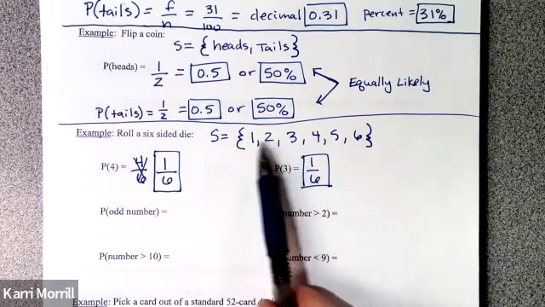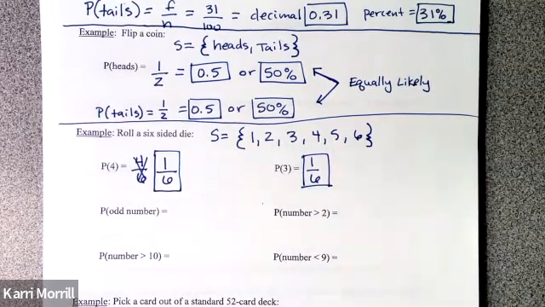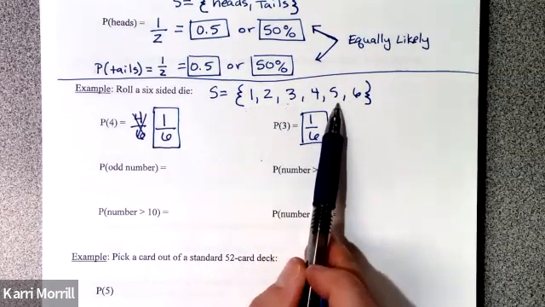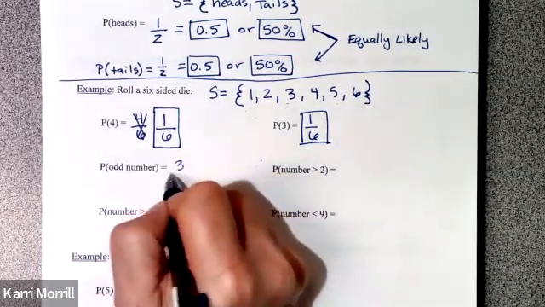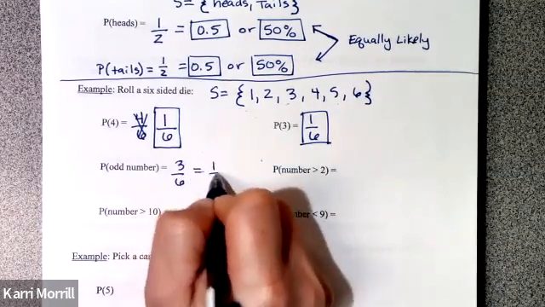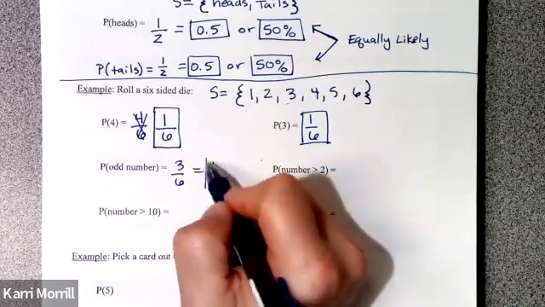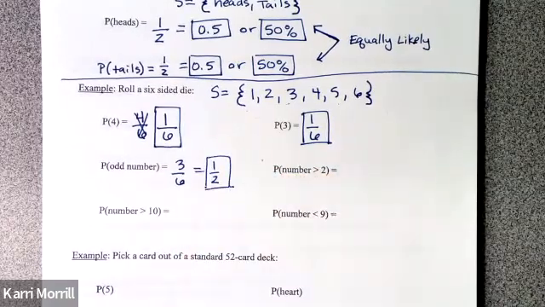A 3, only 1 3 out of the 6 options. So the probability of rolling a 4 or a 3 is equally likely, right? Both 1 over 6. An odd number, there's 1, 2, 3 odd numbers out of that set of numbers. So there's about half a chance of getting an odd number, 1 over 2. You must reduce it.